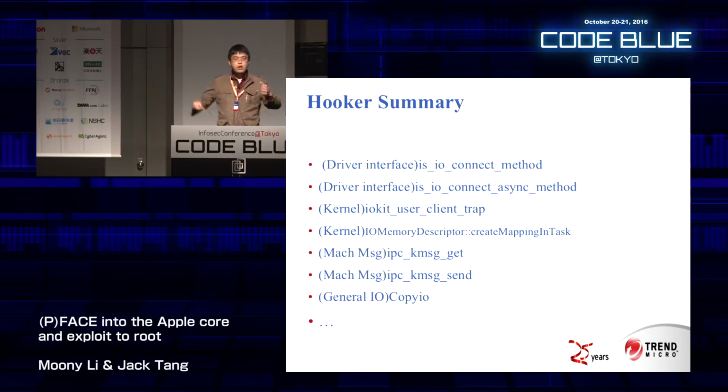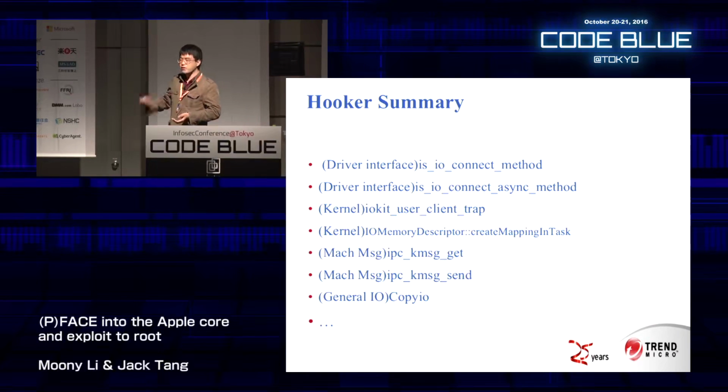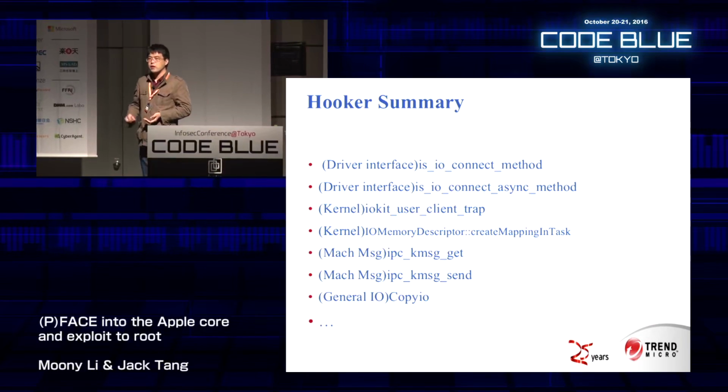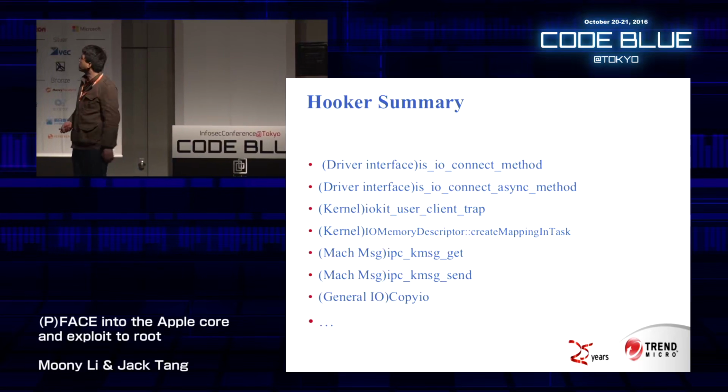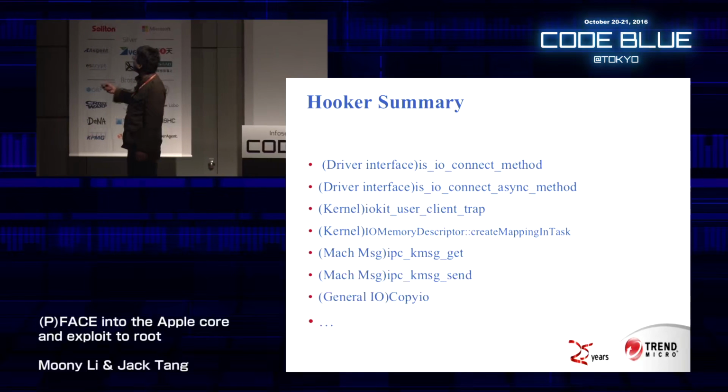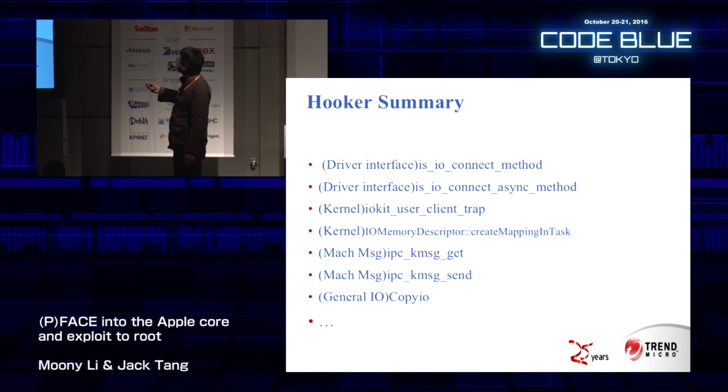Also, the hooks we have set are layered from smaller scope to bigger scope. For example, these two APIs, our connect core method and our async method, are related to the IOKit module, which is related to the driver interface.